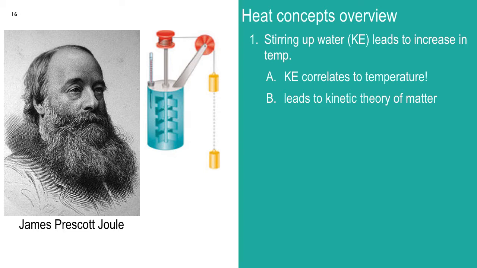You have to use trig and calculus out the wazoo and stats to calculate this relationship, but it turns out to be fairly simple: the average of 1/2 mv squared for every atom or molecule in the fluid is proportional to some temperature on your thermometer.